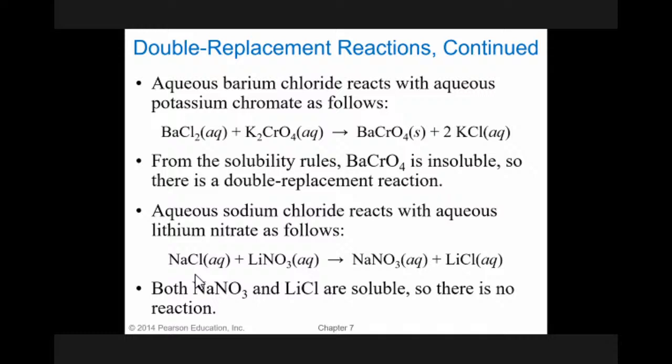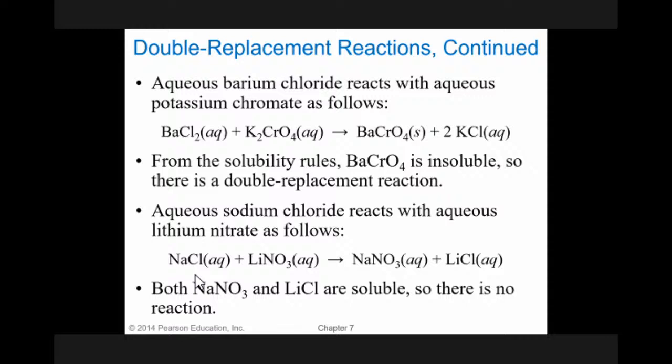The reactants must react to get products. And if it's a double replacement, it's just switching places in the product. Where barium used to be, potassium is there now. Where potassium used to be, barium is there in the product. Do you see that? That's double replacement. You just swap places.